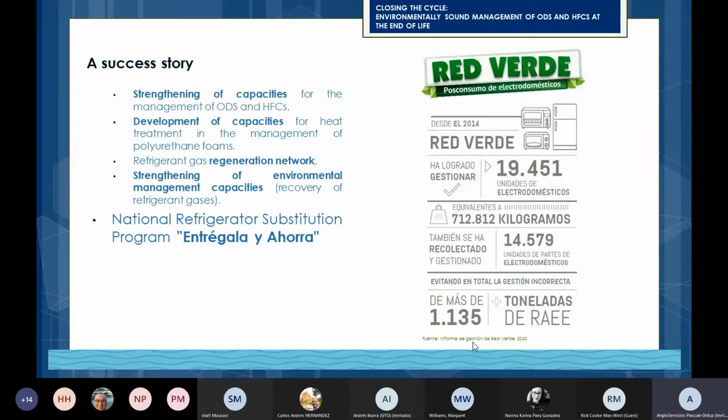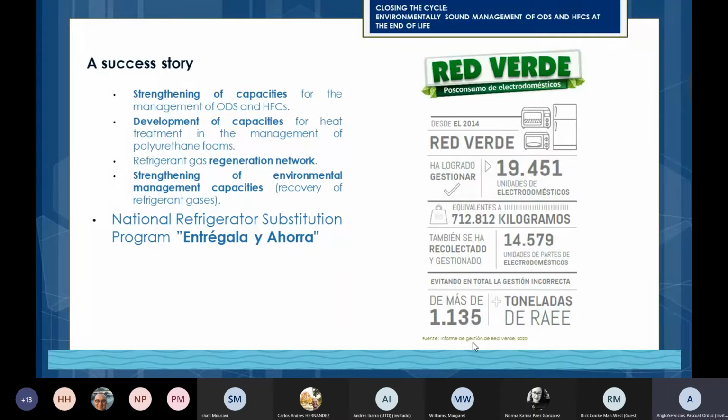We have wanted to strengthen the capabilities for the management of ODSs and HFCs, and what we call the phase out of refrigerant gases. We have also strengthened the development of capabilities to treat waste, parts and components that are found, and also the creation of regeneration, reclaim of refrigerant gases, where they can be reclaimed and go through purification processes so that they may be integrated back into the commercial activities, some commercial activities.